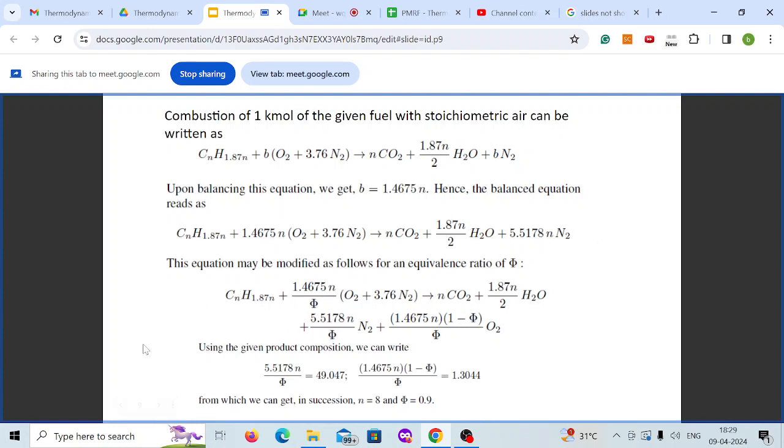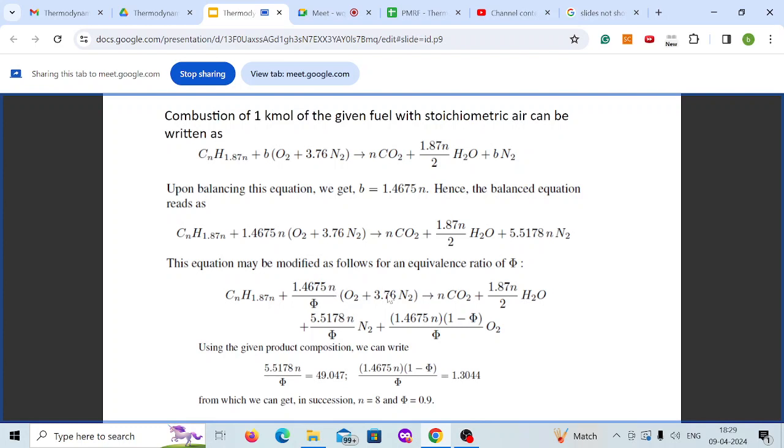This will result in additional moles of nitrogen and oxygen being present. So when you write a new chemical balance, this is what you will get. You have 1 mole of fuel plus 1.4675n, the stoichiometric moles of air required, divided by phi, which is the actual air.